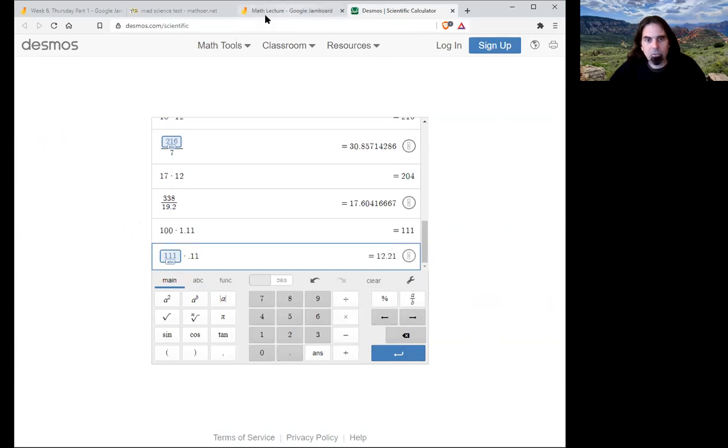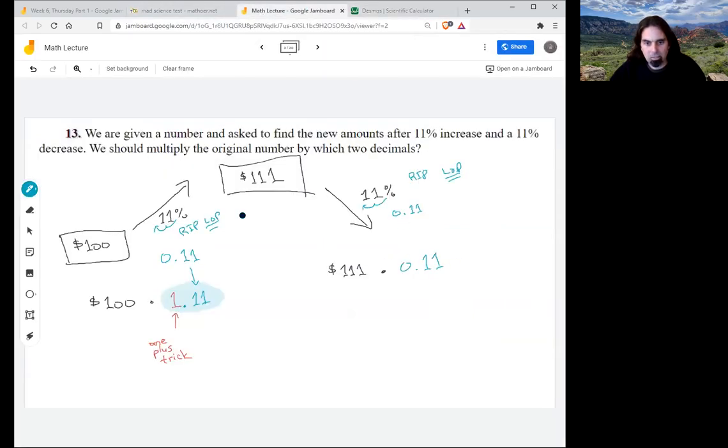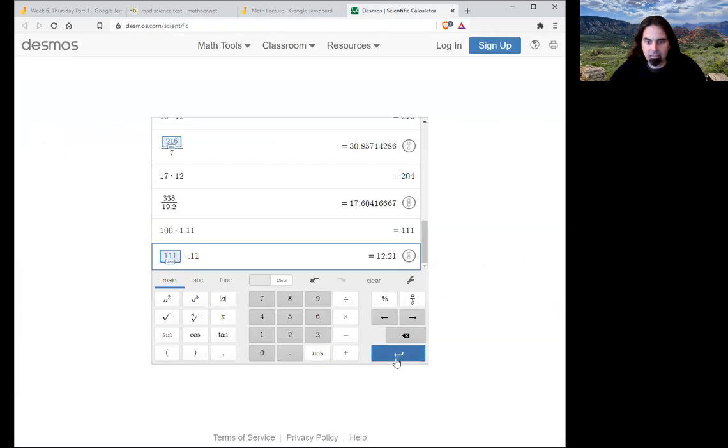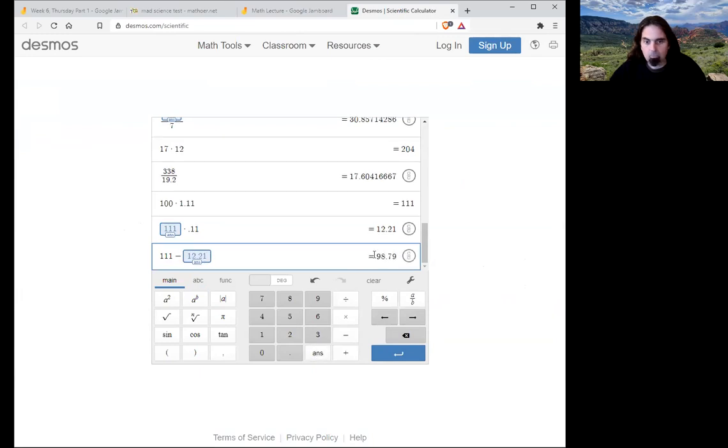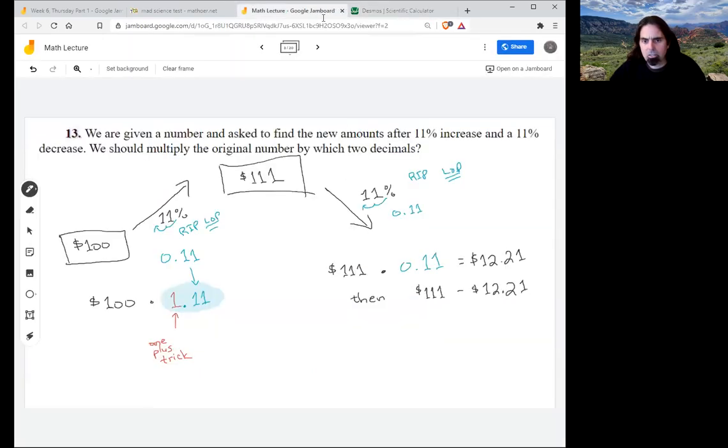Now it's $12.21. So once I take away $12.21, what's left? $98.79.